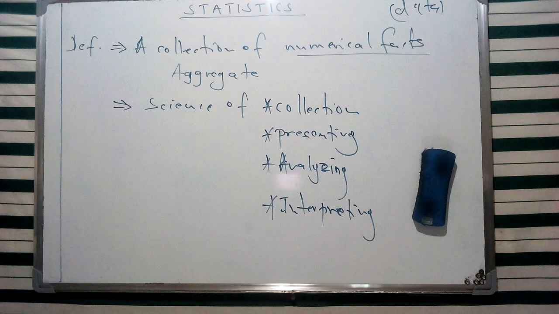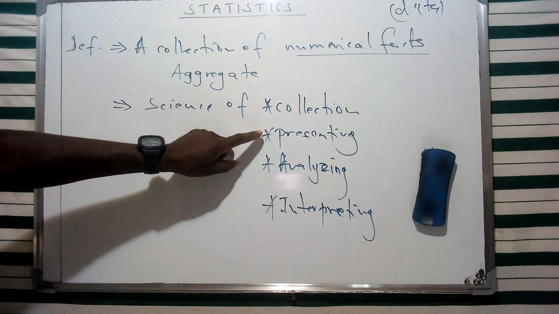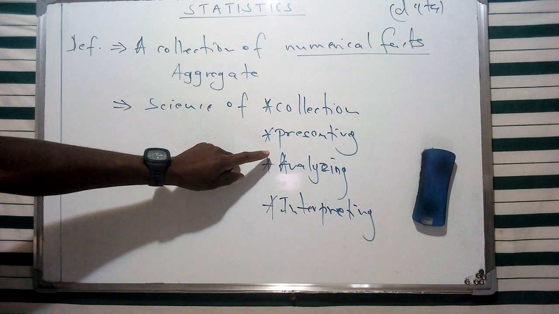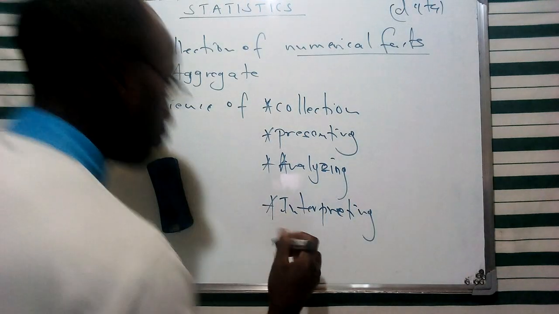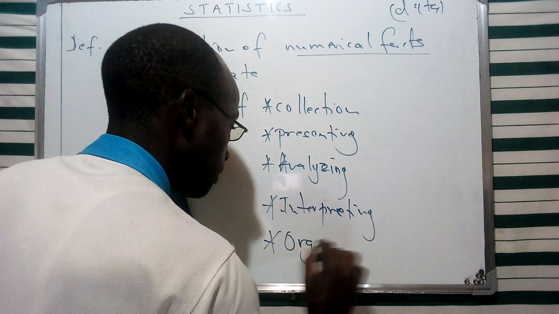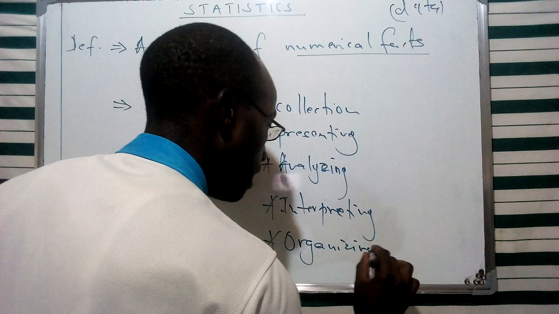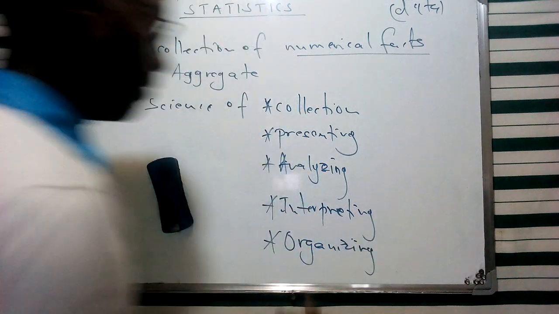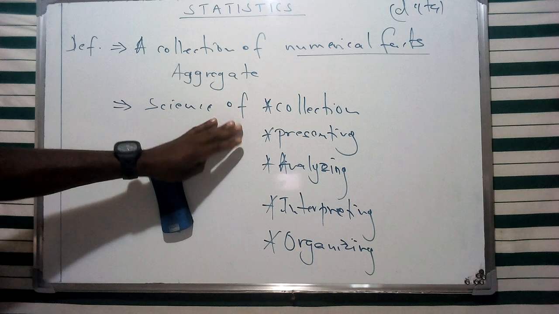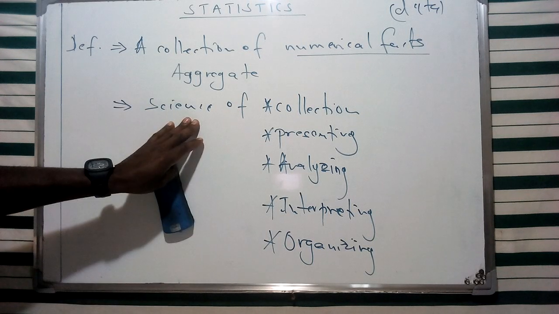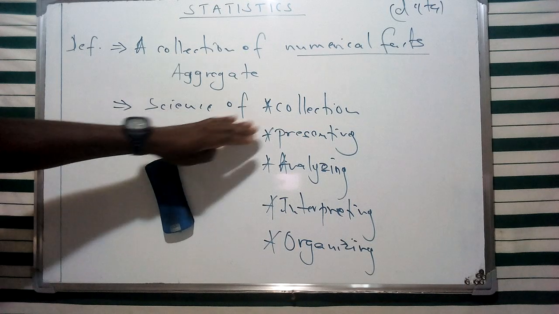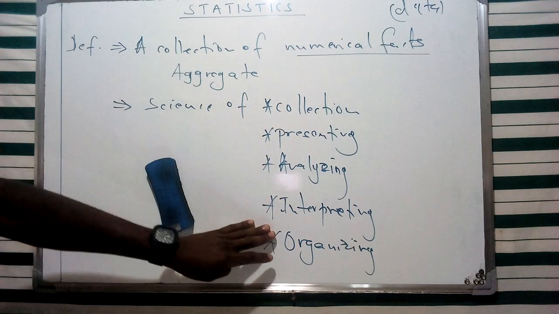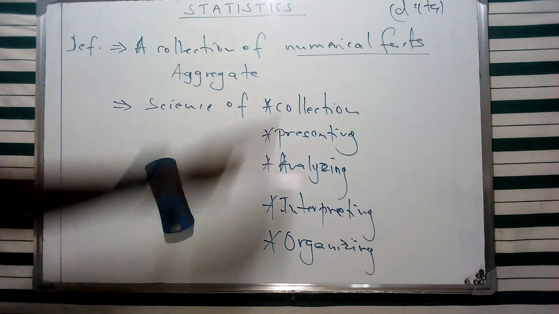So this is going to be a science of collecting, presenting, analyzing, interpreting. And of course, we're going to see this is also going to involve the concept of organizing. And I've not listed this one in a specific or chronological order. So these are some of the activities which are going to be involved in this specific aspect of the science of collecting, presenting, analyzing, interpreting, and organizing numerical data.